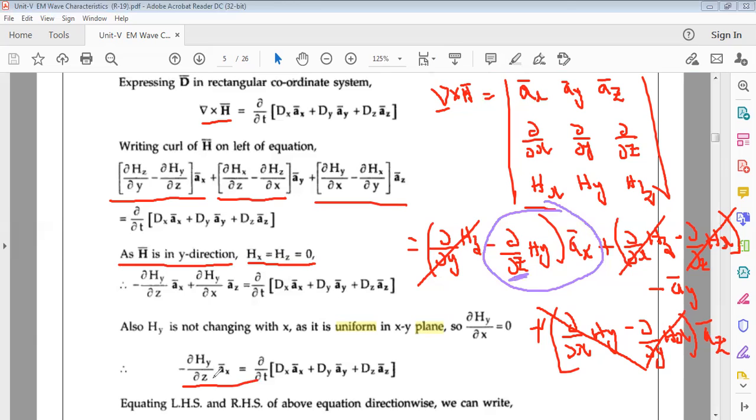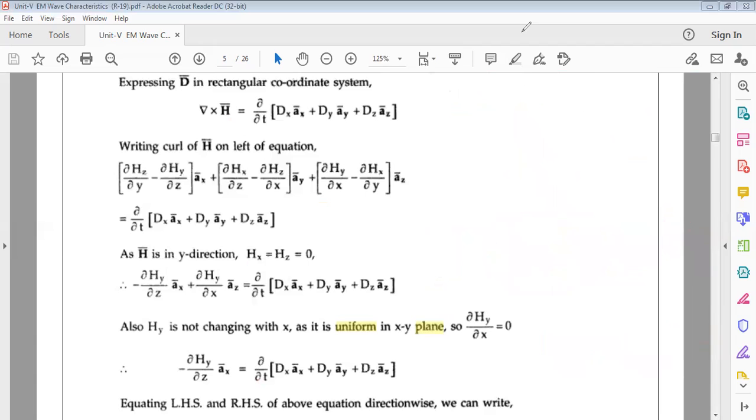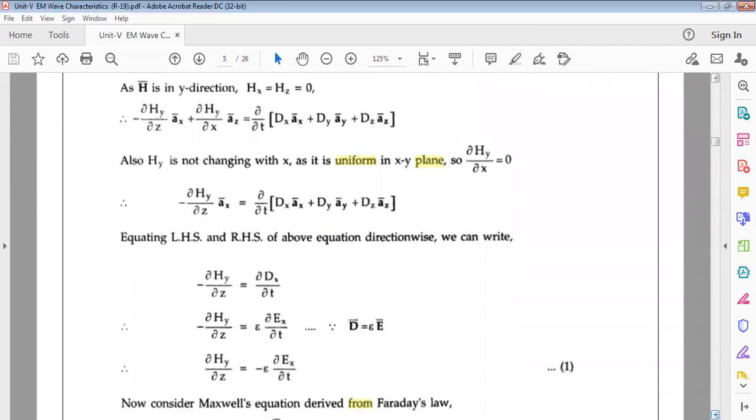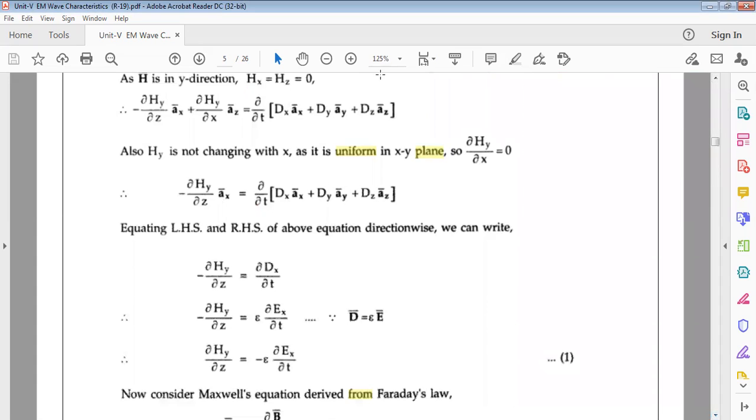So minus dou Hy by dou z into ax bar is equal to dou by dou t of Dx ax bar, Dy ay bar and Dz az bar. Understood, my dear students? Now comparing only the ax terms, LHS and RHS, remove the y terms and the z terms. We have minus dou Hy by dou z is equal to dou Dx by dou t.